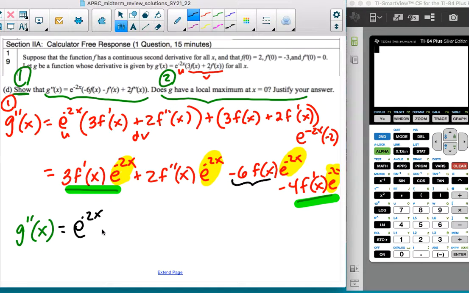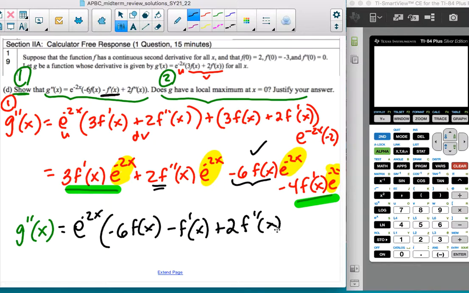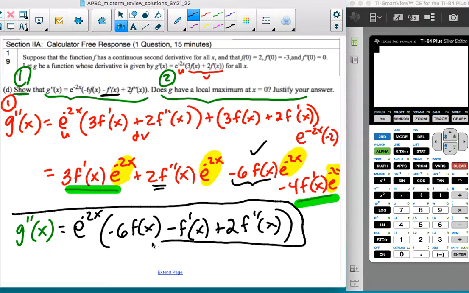Well, there's my negative 6 times f of x, right? So that's done. And then I want my f prime. Well, they have a negative f prime. Well, that makes sense because I have a positive 3 and a negative 4. So that's a negative f prime of x, right? And then they have a plus 2 in front of the f double prime, and sure enough, that's what we get. So plus 2 f double prime of x. And there you go. I have shown with the work to do it.